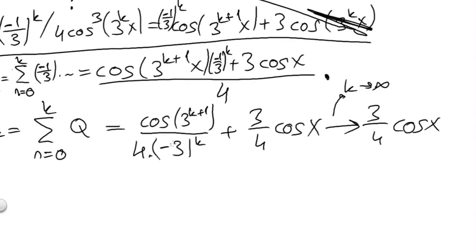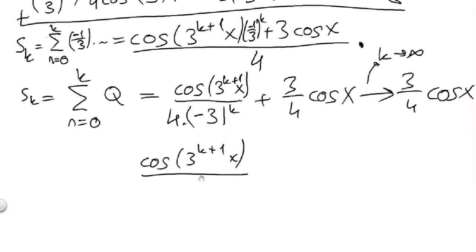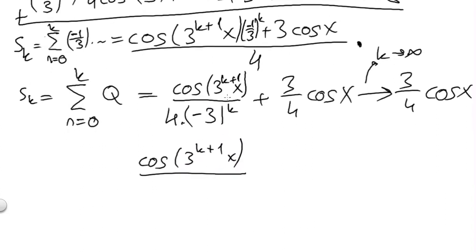And for this limit, I know that cosine x is just between 0 and 1. Cosine, there's also x here. So this thing is just between 0 and 1. Well, this is a really easy limit. You can also do L'Hopital, but it's not so useful. Cosine 3 to the k plus 1 x over, so I have minus 3 here.